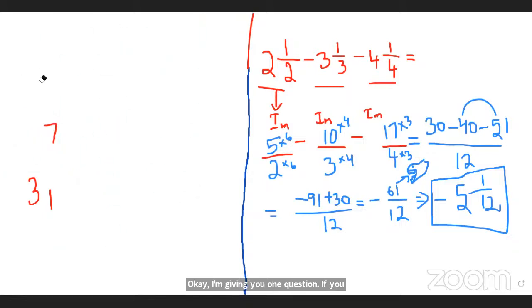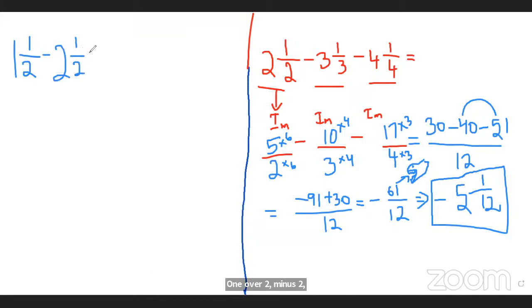If you solve it right, then we are going on with the next. Is that okay? Same mixed fraction question. I'm giving you one. If you solve it, that would be great. So I'm giving you an easy one: 1, 1 over 2 minus 2, 1 over 2 minus 1, 1 over 3. Very simple question. Please do solve it and get me the answer. First step, convert into improper fractions, solve it, then again convert it into mixed.